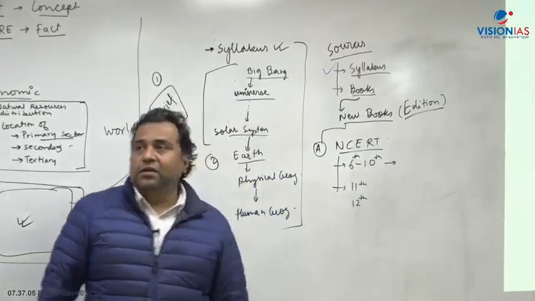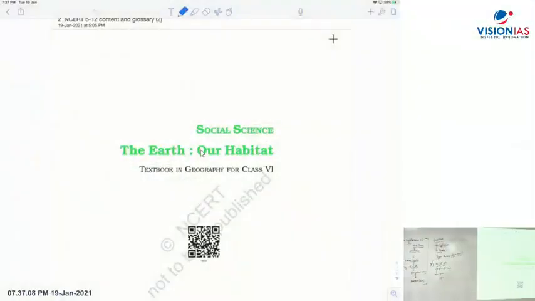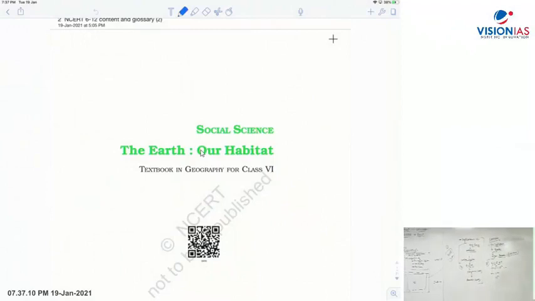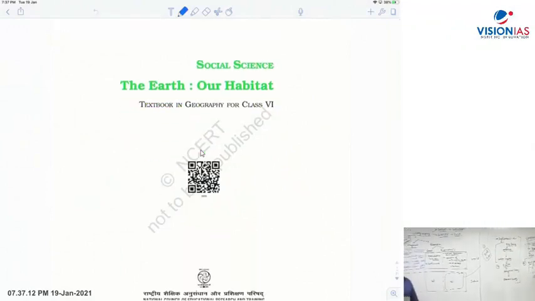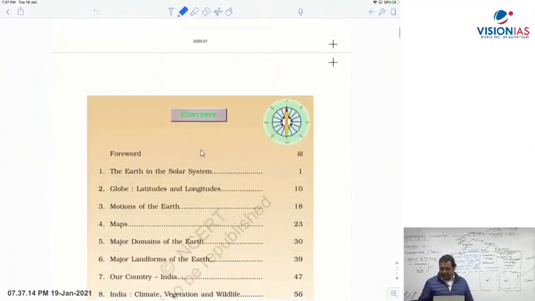Which is the sixth one? The Earth, Our Habitat. This is your class 6 NCERT, and this is its content.